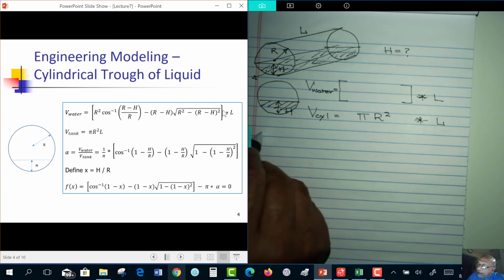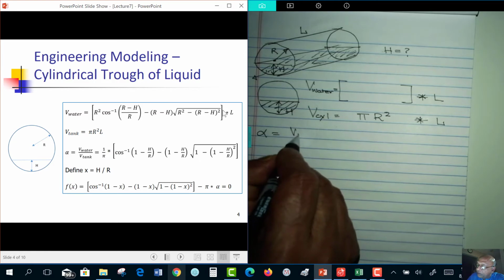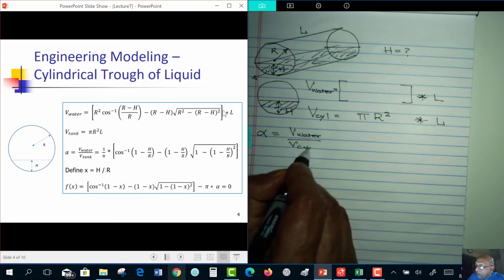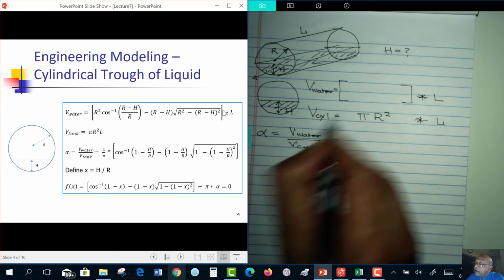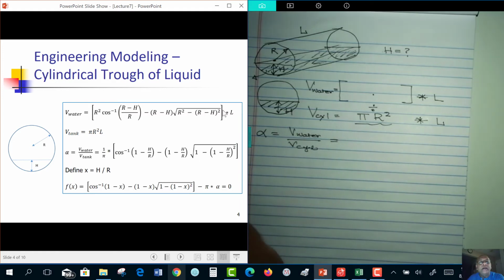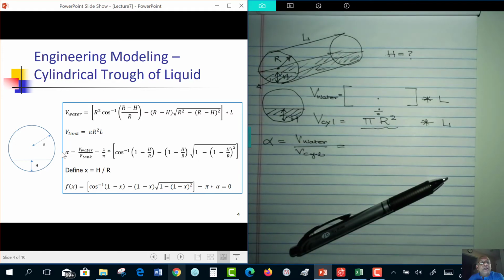So if we take a ratio of the two, we divide this by pi r square, we will get this equation. You can see length goes away, so length is immaterial, and we'll get this big whole equation. We can normalize this equation by this radius r.